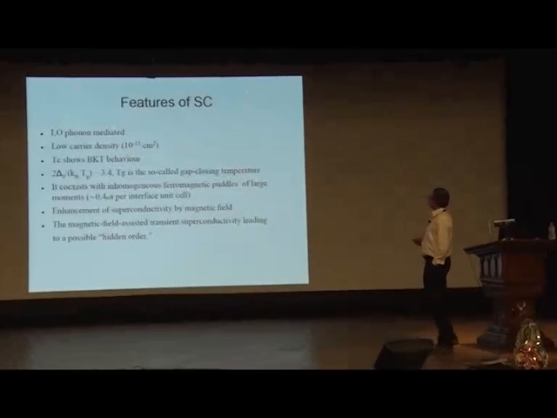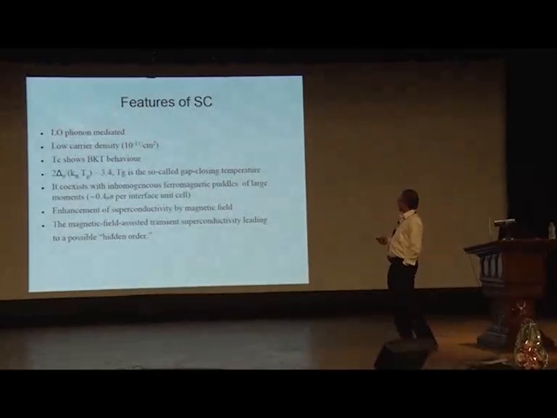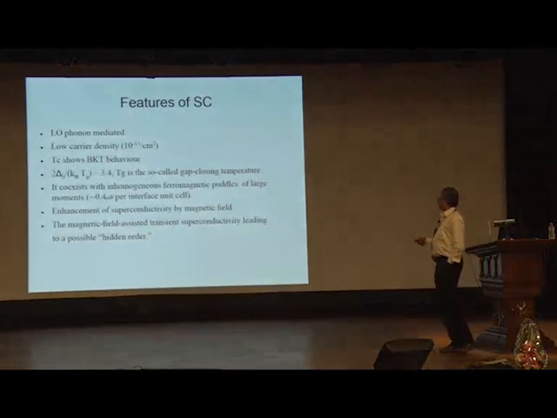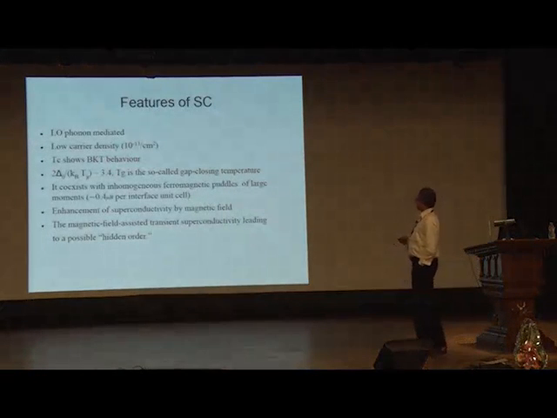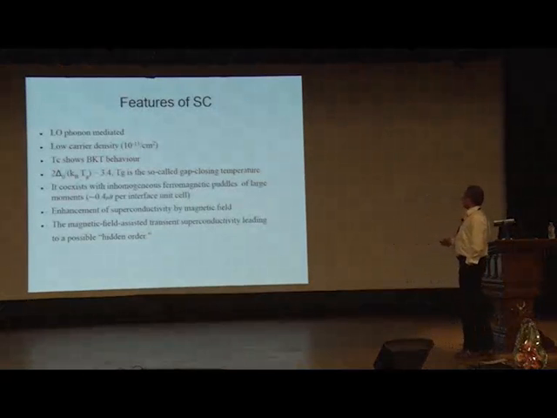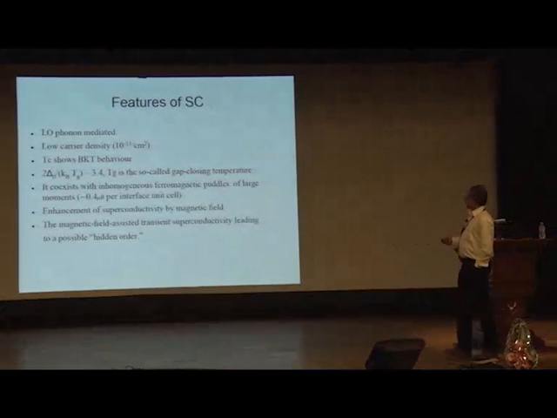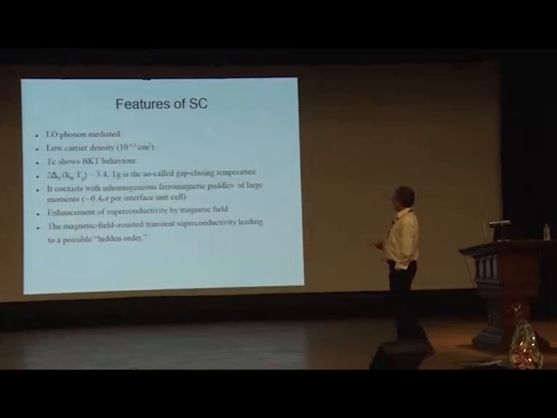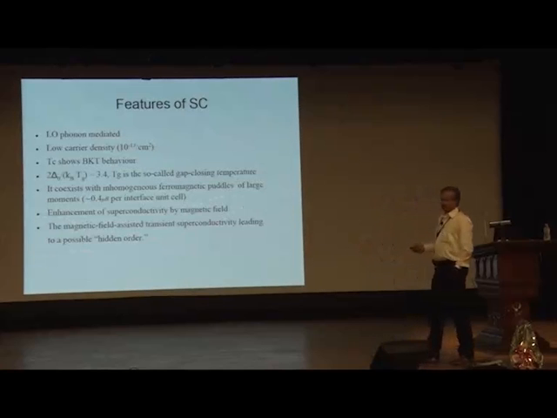So the features of superconductivity are these: it's believed to be LO phonon mediated, and the carrier density is low, around 10^13, sorry. TC shows BKT behavior, this is 3.4. It coexists with ferromagnetic puddles of large moments, which I will come to. And enhancement of superconductivity by magnetic field is another interesting observation.